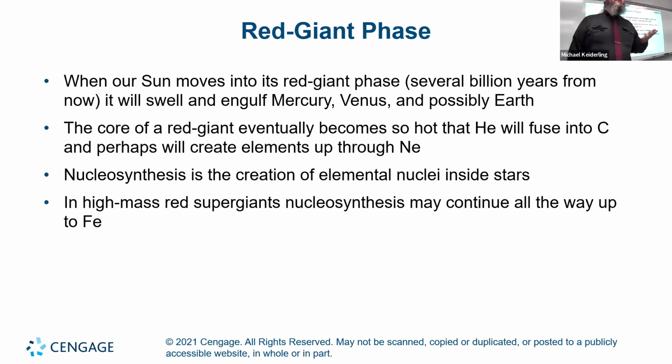And iron is the most stable nucleus out there. And at this point, you can't get any more energy from fusion once you reach iron. If you fuse iron, it costs energy. So once the core becomes iron, it doesn't generate heat anymore. It stops pushing outwards.